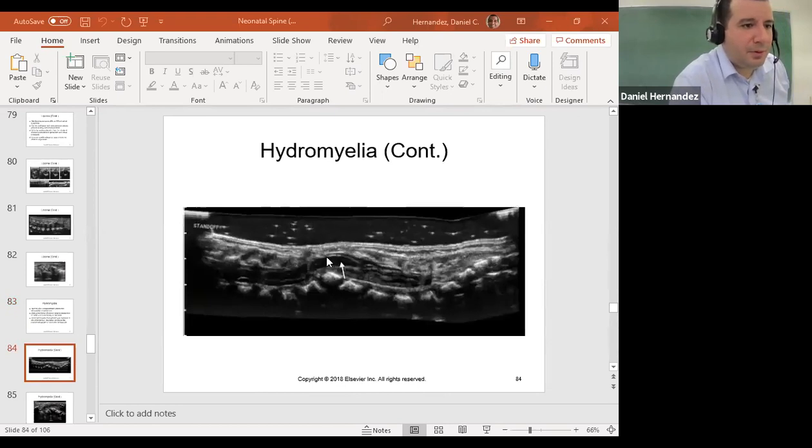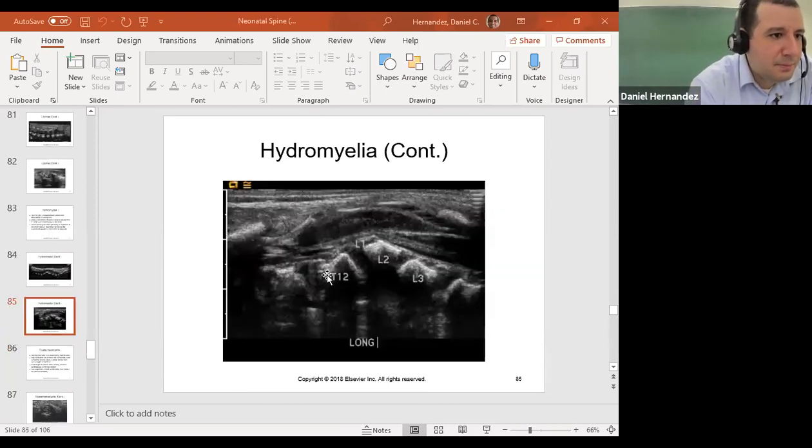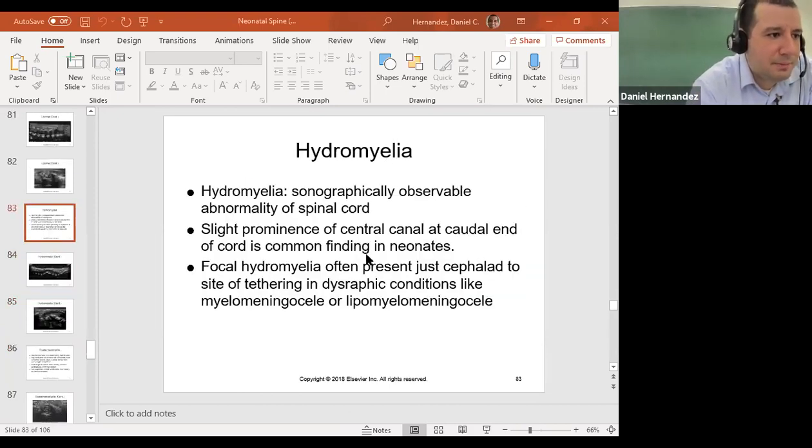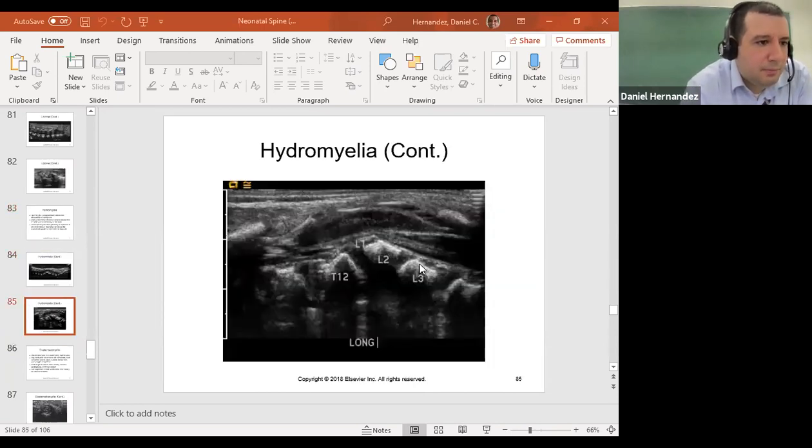So here we can see the prominence of the caudal portion of the spinal cord. So here again, this is going to be that prominence of the caudal end of the spinal cord.